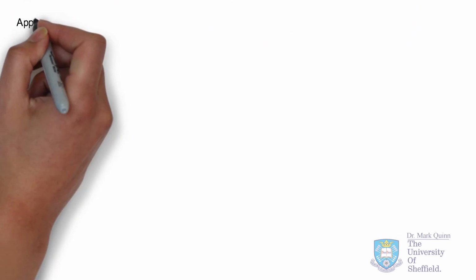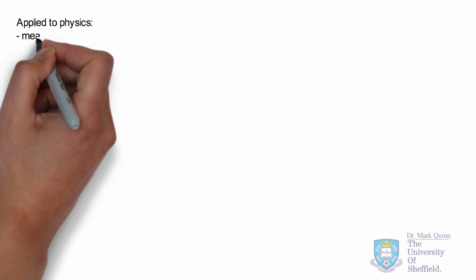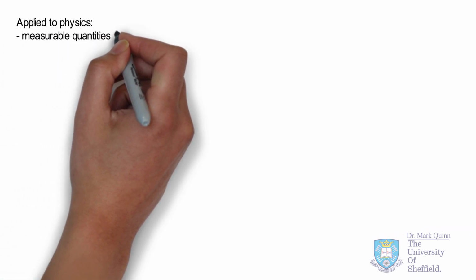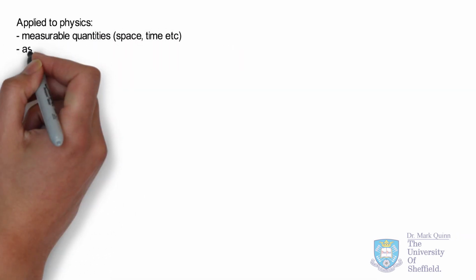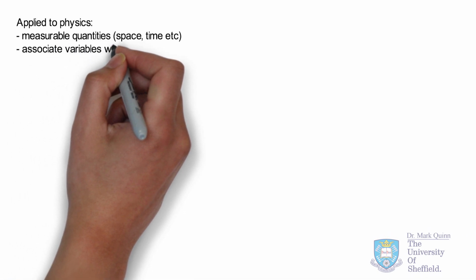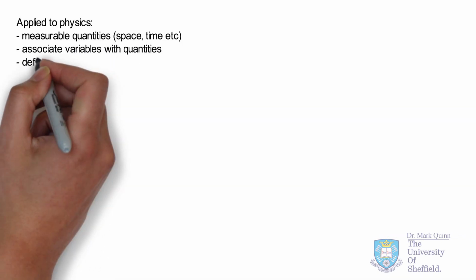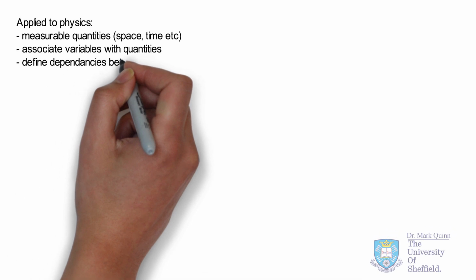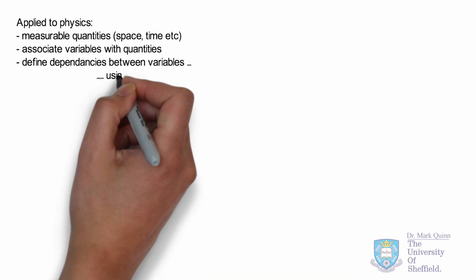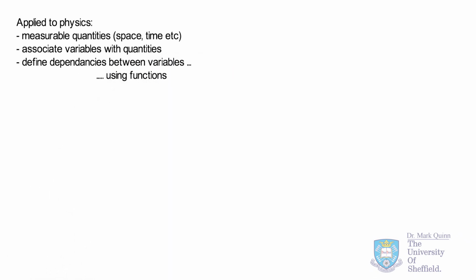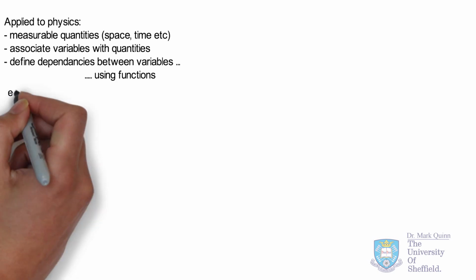If we look at how we can apply all this to physics, we first need to recognize that in physics we measure quantities such as space, time, and energy. We associate these quantities as variables, and we define the dependencies between these different variables using functions.